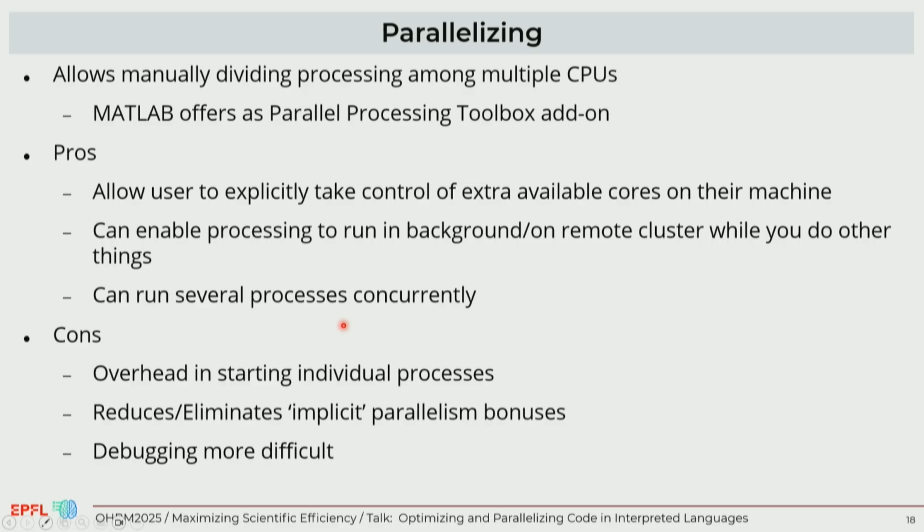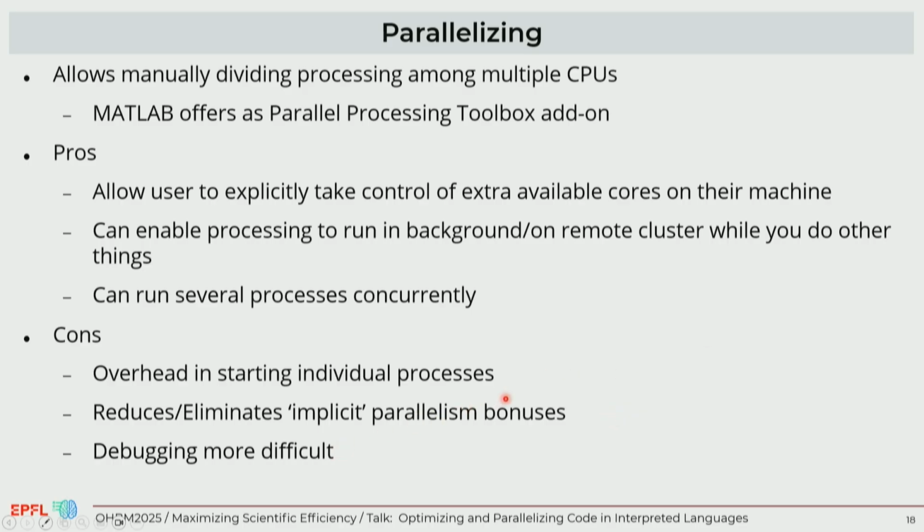Each one of those cores actually starts up its own mini MATLAB interpreter, so that takes a little bit of overhead to start. And you have to copy the data to each individual worker in the process. So that's a memory cost, that's a processing cost. Similar things happen in Python. When you do multiprocessing, you have to copy the data to each of those processes.